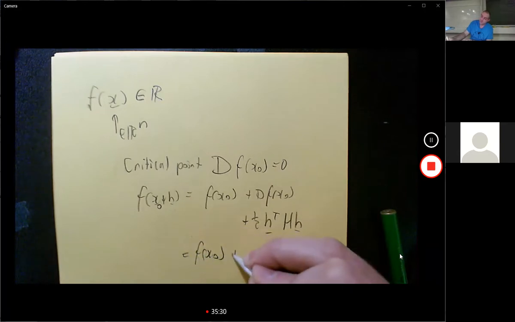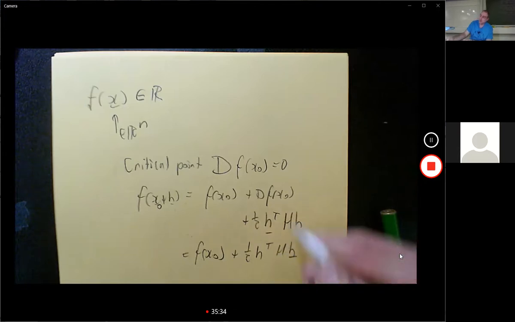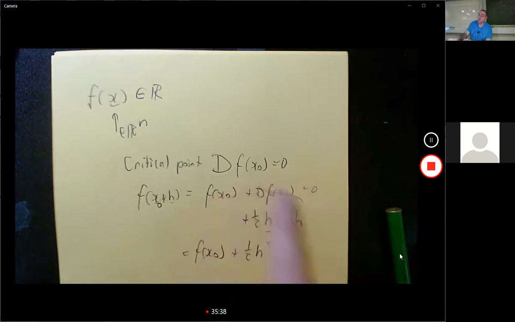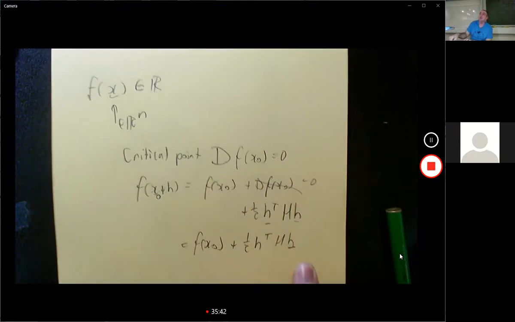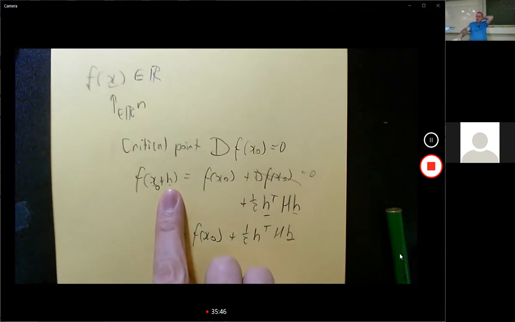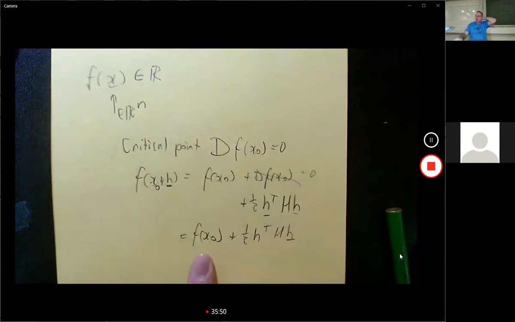Yeah. Because this is 0 at a critical point. So this is always true, but at a critical point, that's 0 and we get this. Okay, so this is telling me that if I move in the direction h, then the function value will change in this way, approximately.